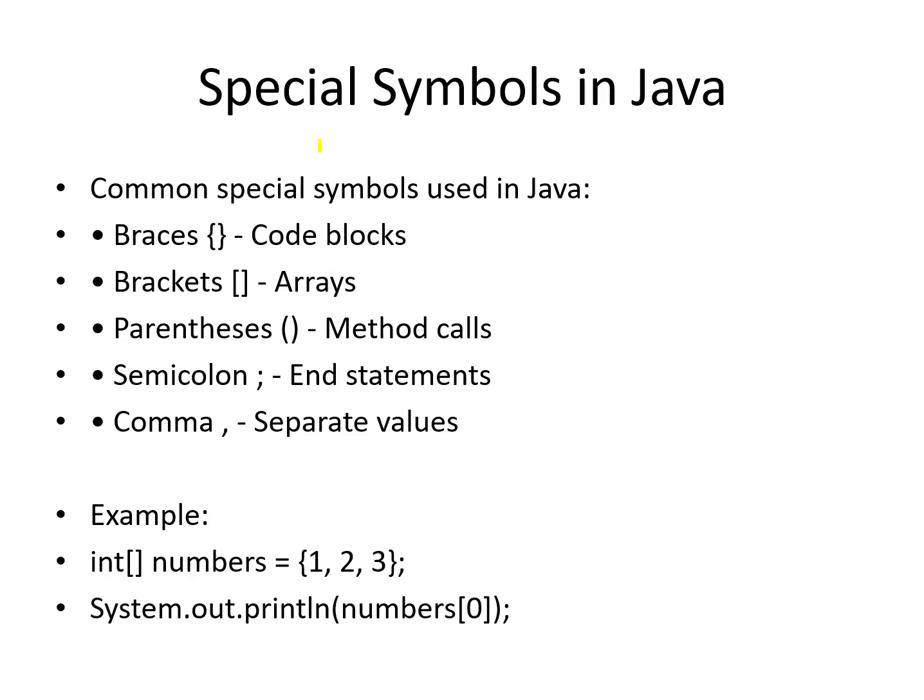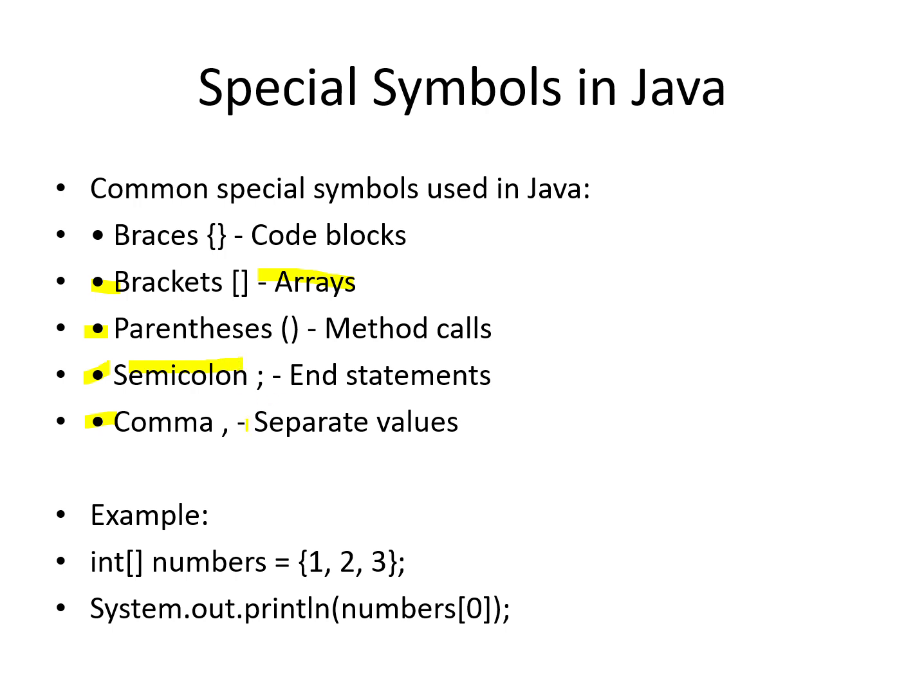Some special symbols are used in Java for various purposes: braces, brackets, parentheses, semicolon, and comma. Braces are used for defining blocks of code. Brackets are used for arrays. Parentheses are used for calling methods, and semicolons are used to end statements.